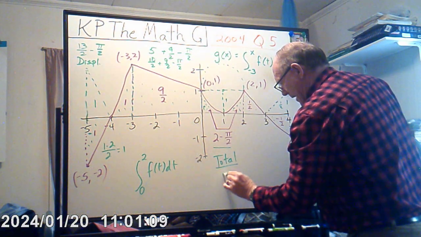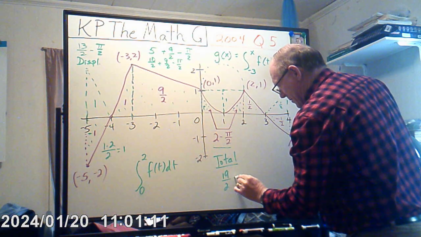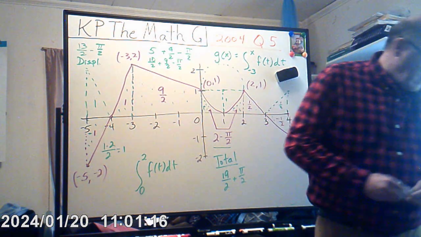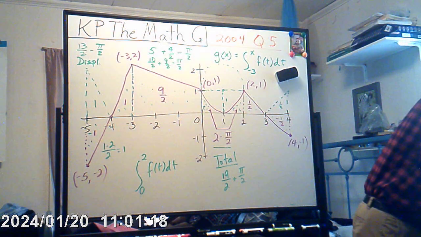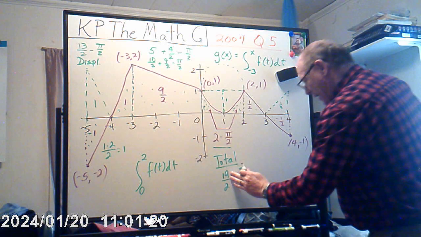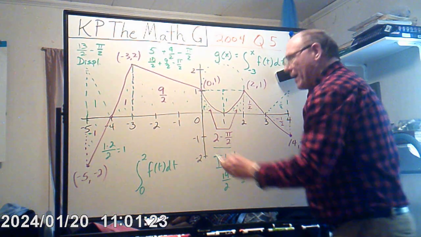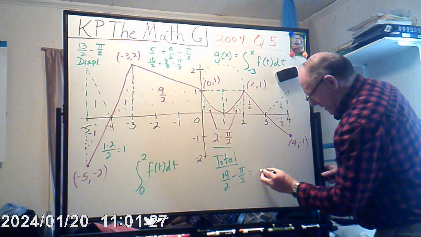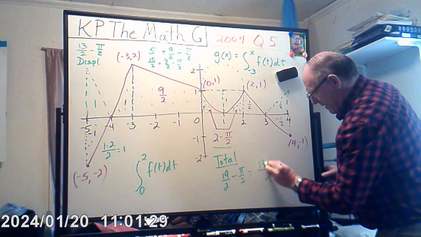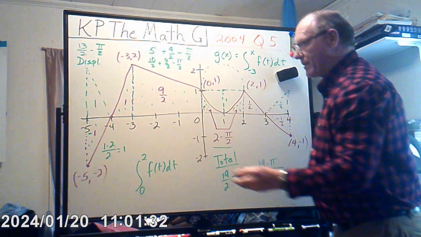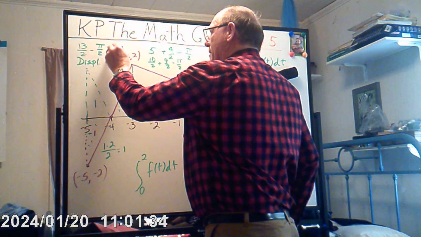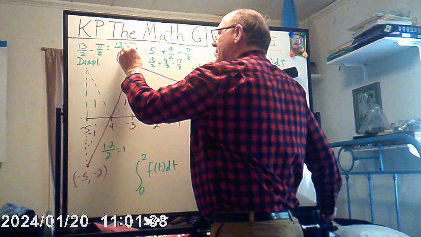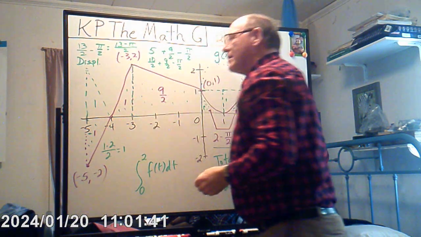And I believe we got 19 over 2 plus pi over 2. Just looking at my answers, it's not plus, it was minus. Minus, minus, minus, minus. Yep, minus. And you could say, put the 2 down, 19 minus pi like this. You can say 13 minus pi like this over 2, since you have the same common denominator.